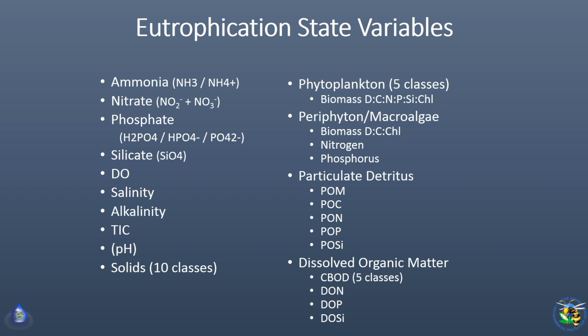And then we have our particulate organic material: particulate organic carbon, nitrogen, phosphorus, and silica. And then we have our dissolved organic matter components, one of which is carbonaceous biochemical oxygen demand. You can have 5 classes of those. Dissolved organic nitrogen, and dissolved organic phosphorus, and silica.